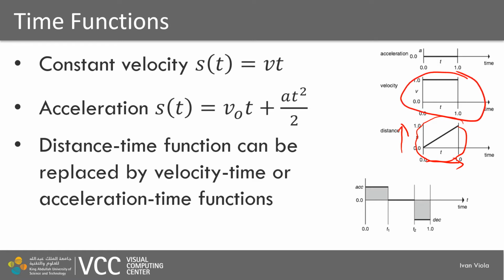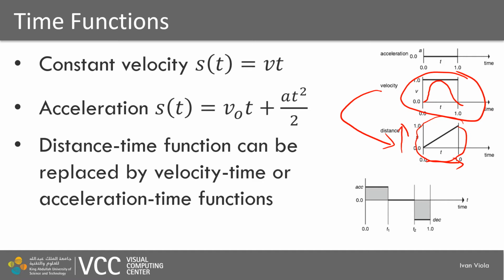Often we are interested in profiling certain velocity transitions. And such a profile will then need to be first mapped from velocity to an arc length distance, and then to the parameter u.